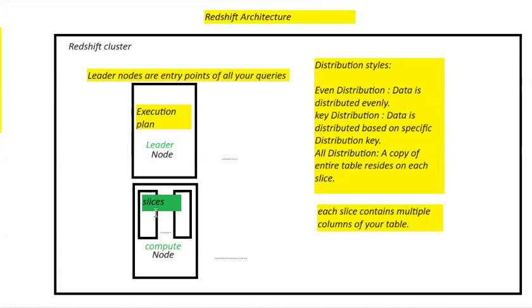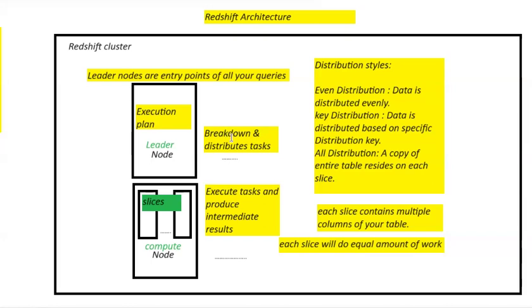Then again, under these, slices will do their portion of work in parallel. Remember, each slice will do an equal amount of work. So they work in parallel and provide the results very fast compared to other types of processes.